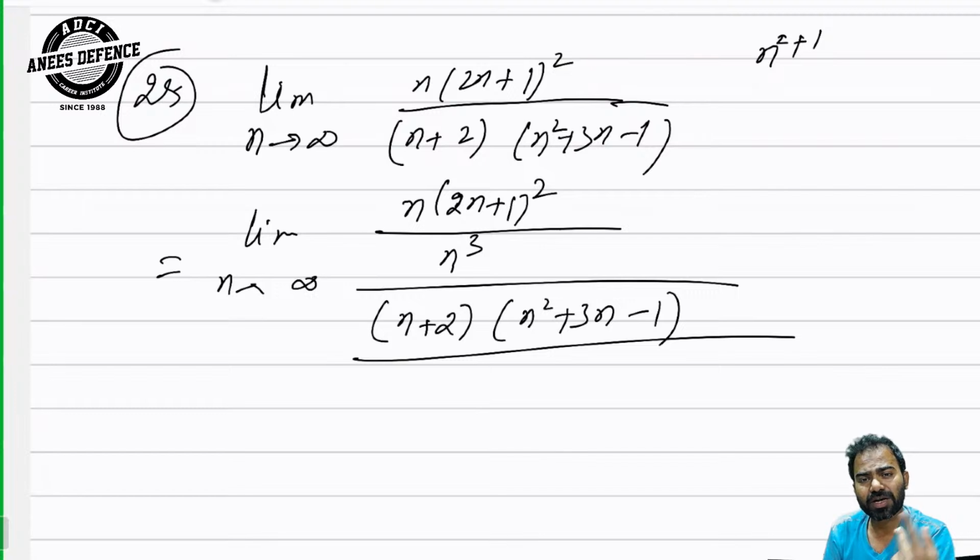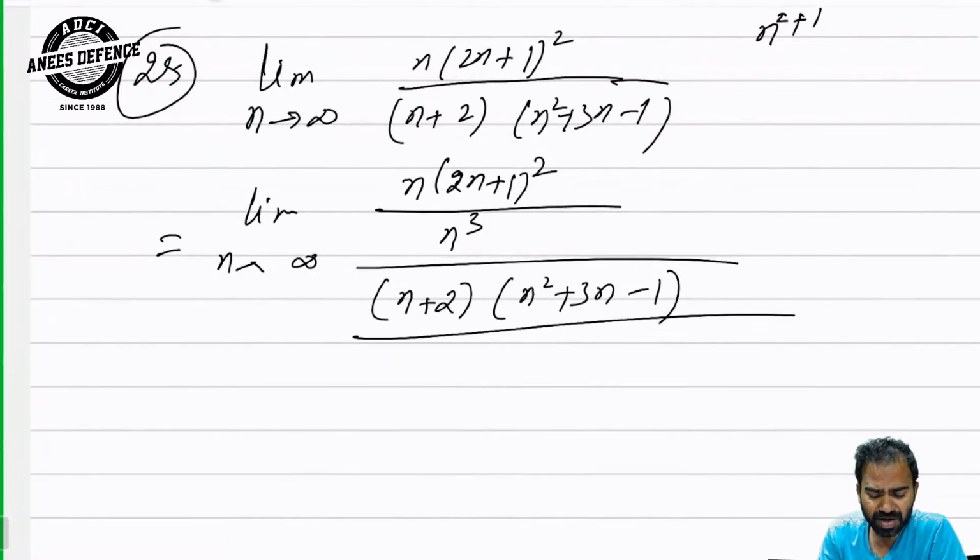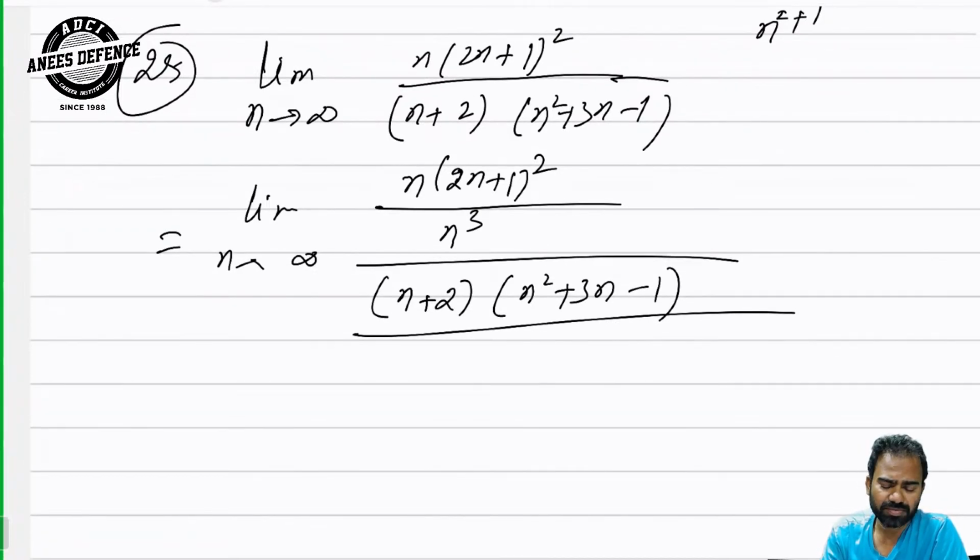If the degree were 4 and the variable n, then I would divide numerator and denominator by n to the 4. I will talk later about that type of question. I think those questions will not come in your exam; if they do, I will tell you.